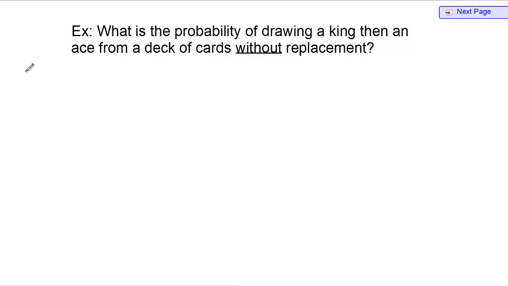What is the probability of drawing a king, then an ace, from a deck of cards without replacement? Okay, so we want to draw a king first, then an ace. Drawing a king first, that's no problem.